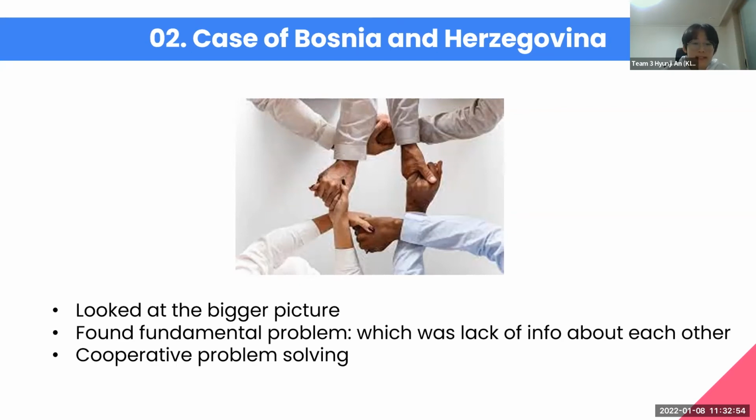UNDP provided these leaders with information on the challenges and risks facing their communities, allowing them to advocate for joint projects and activities with other communities to address those problems. As a result, this cooperative problem solving helped to normalize relationships, build trust, and reduce the potential for violent conflict. Now I will invite Donghwan.